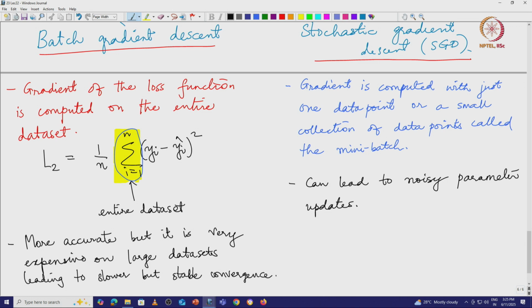So a large deviation in that data point, this yi minus yi hat, could lead the optimizer to behave more aggressively, right. So this can lead to noisy parameter updates, but it is inexpensive and thus can lead to faster convergence.